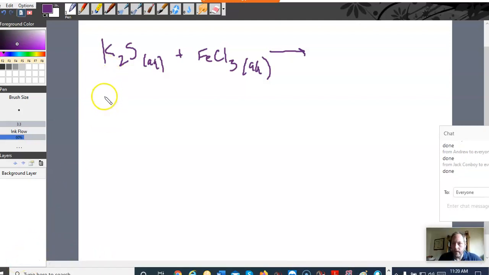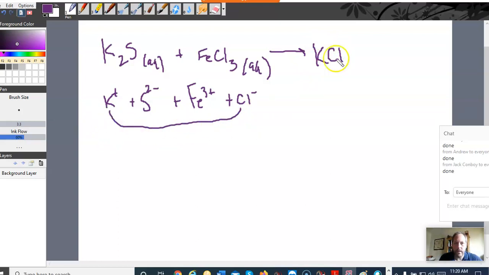Okay, so potassium sulfide plus iron chloride. So we will get potassium chloride.